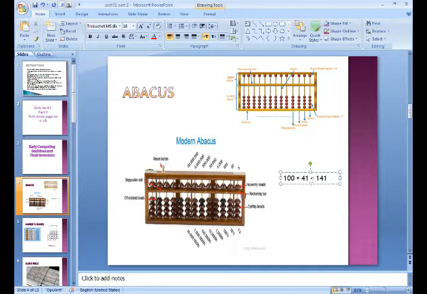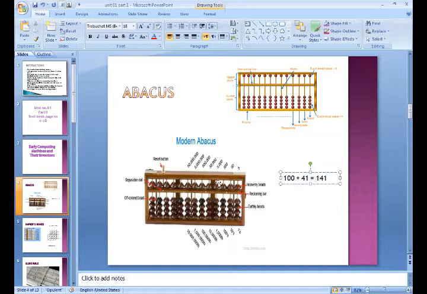How can we add the value? Okay, 100 means one bead, second bead, third bead, fourth bead. Okay, out of these, we will move one bead fully up. That means it is 100. And 4 means 10s: 10 units, out of which we will move one bead up, so that means 4. And 1 unit, unit means ones, so we move 1 value up, so that means 41. 100 plus 41 equals 141.